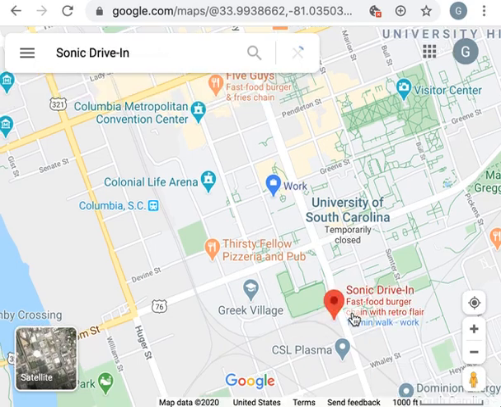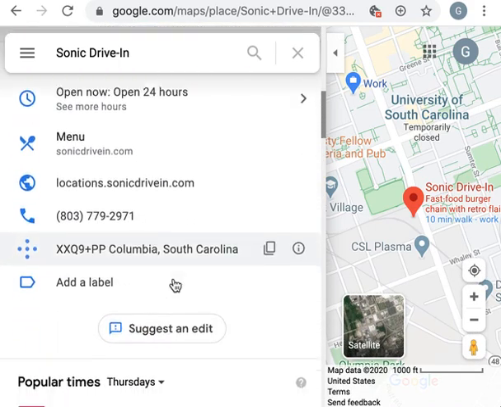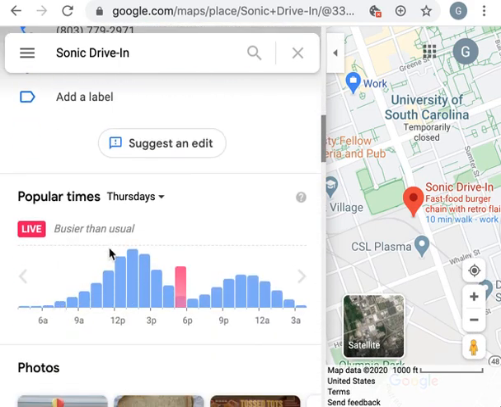I'm going to click on Sonic Drive-In and take a look below, at how many people are there, so you can see how their demand is over the day. By the way, don't go there now. It's very high near 1, 2 p.m., then it goes low around 6, and then it goes high again, usually, that's probably before COVID, at 10, 11 o'clock and 1 o'clock in the morning.